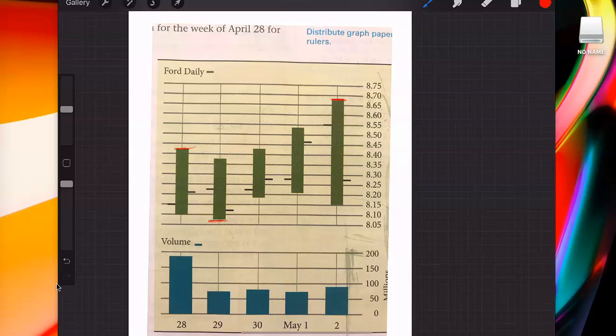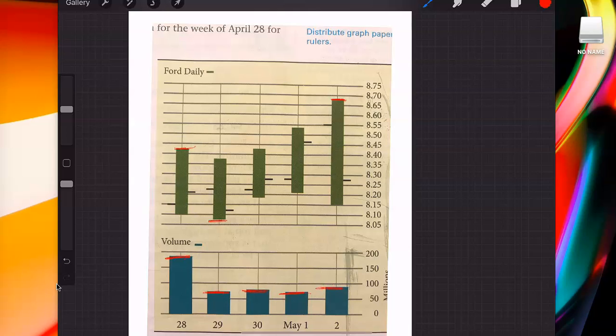If we're also going to look at this graph and ask ourselves about volume, how much total volume did we sell, or shares sold, we can see here we've got a value in millions of, I'd say, probably about 180, 185. We've got here sitting at about 60. I'd say maybe 65 around here. 60 again here. It's pretty close to the 29th. And then our last day a little higher, 90.